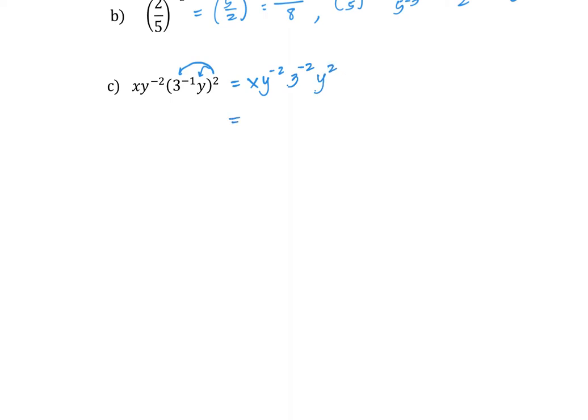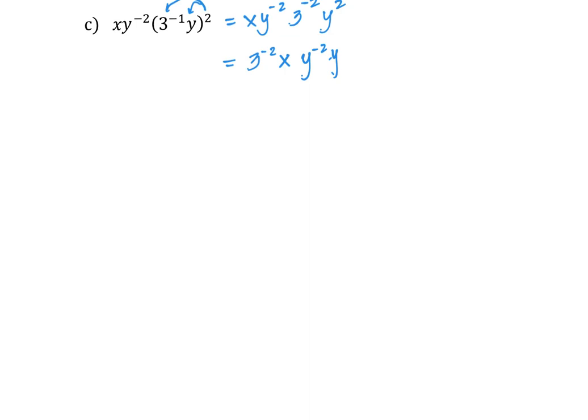I'm going to rewrite this with 3 to the negative 2, so number, and then I'm going to write my variables alphabetically, so x, y to the negative 2, and y squared. Sometimes it's nice to see the like terms side by side. I can see with these y's that I can combine them because I'm multiplying same base.